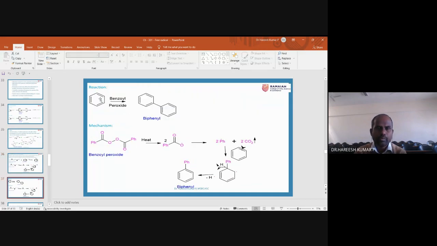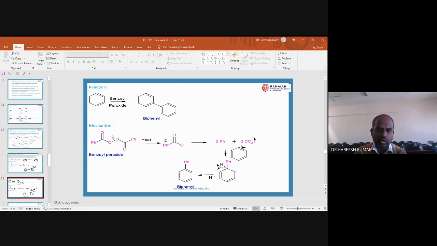So benzene, when it is treated with benzoyl peroxide, again benzoyl peroxide is a radical initiator. So what it will do? It will create a phenyl radical. How is the phenyl radical obtained? By the homolytic cleavage of benzoyl peroxide. So this is the structure of benzoyl peroxide.